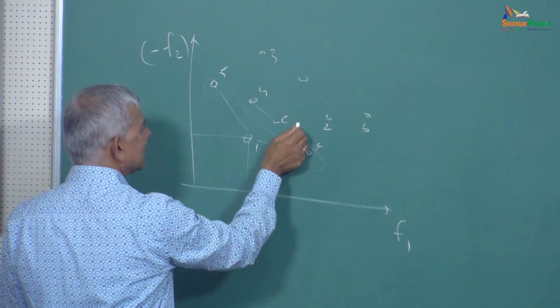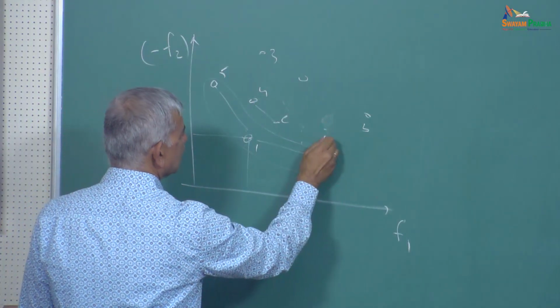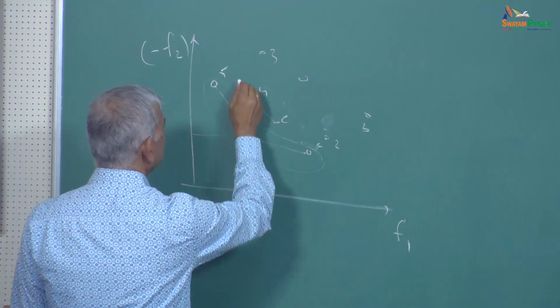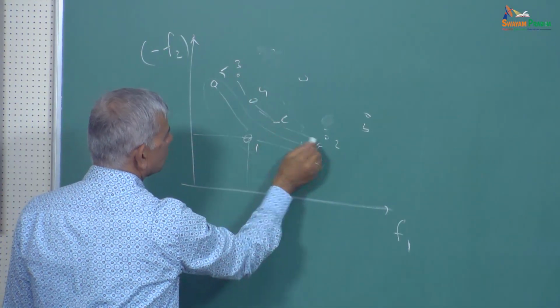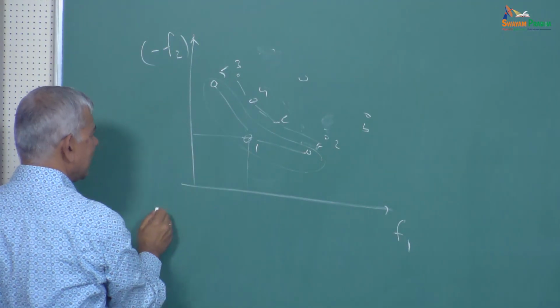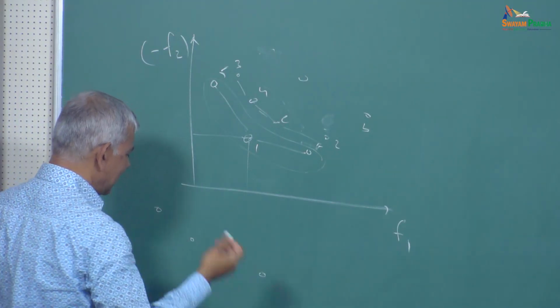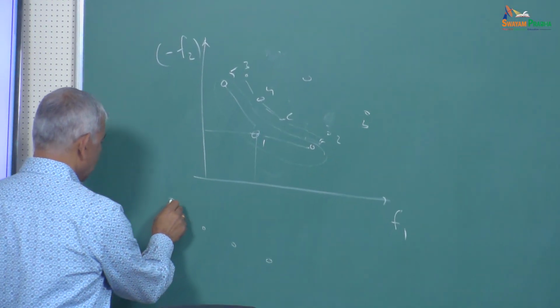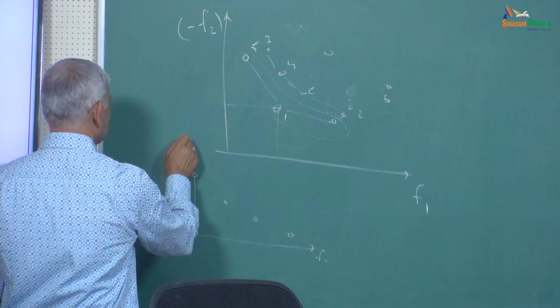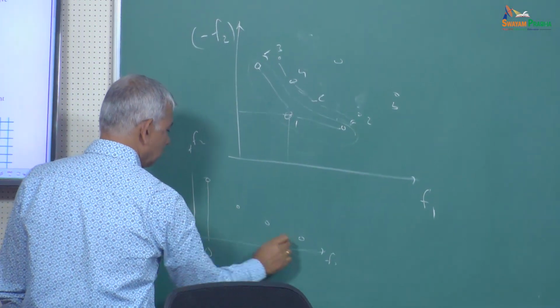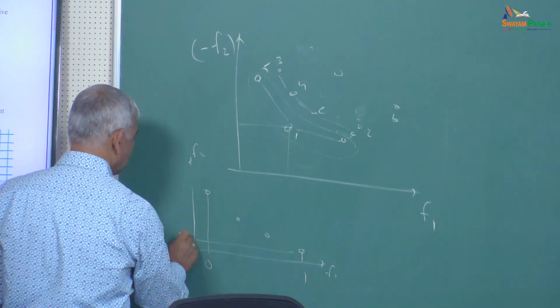Before that, let me put some more points in this set, 2 and maybe 3 here. So let's say there are 4 points I choose, and you isolate these 4 points, and let's say you have to choose 3. The first thing you do is normalize. Make this 0 and 1 for f1, and 0 and 1 for f2.